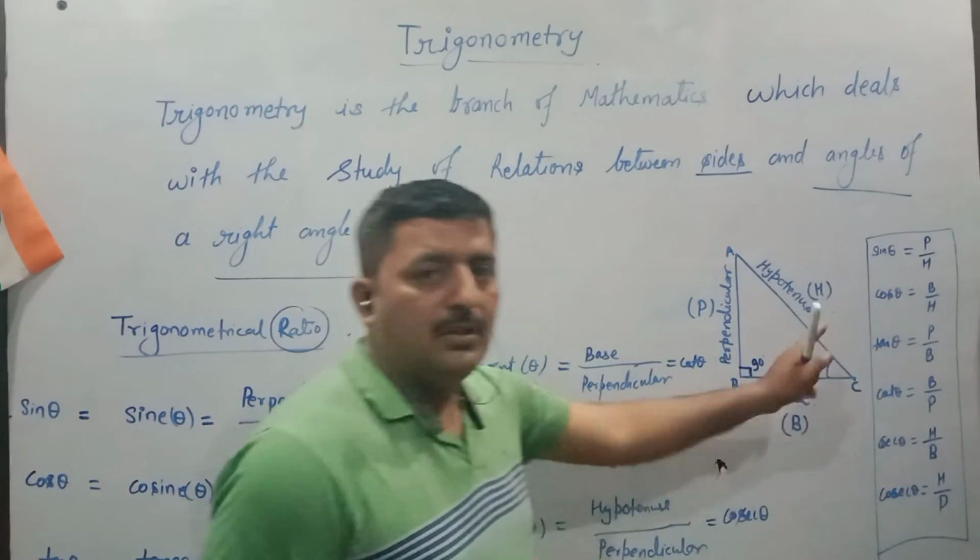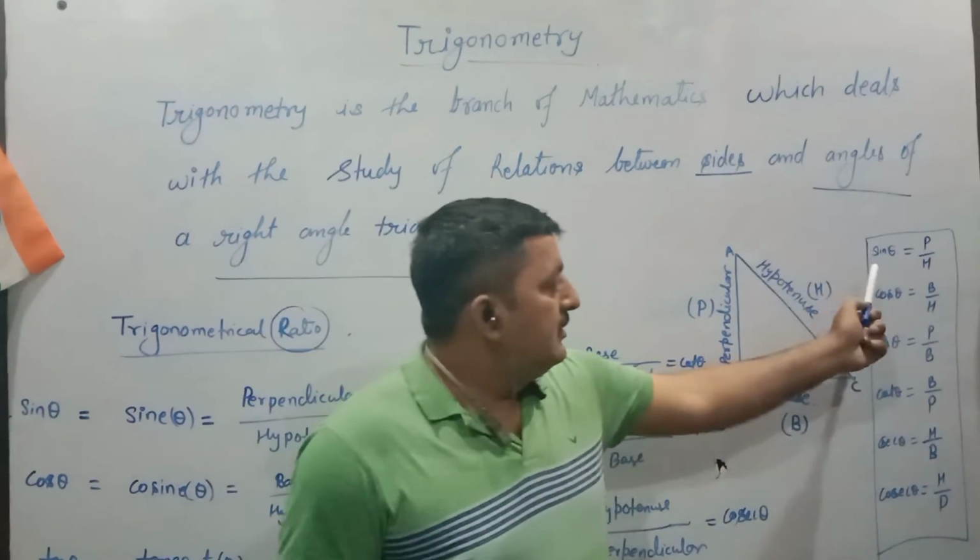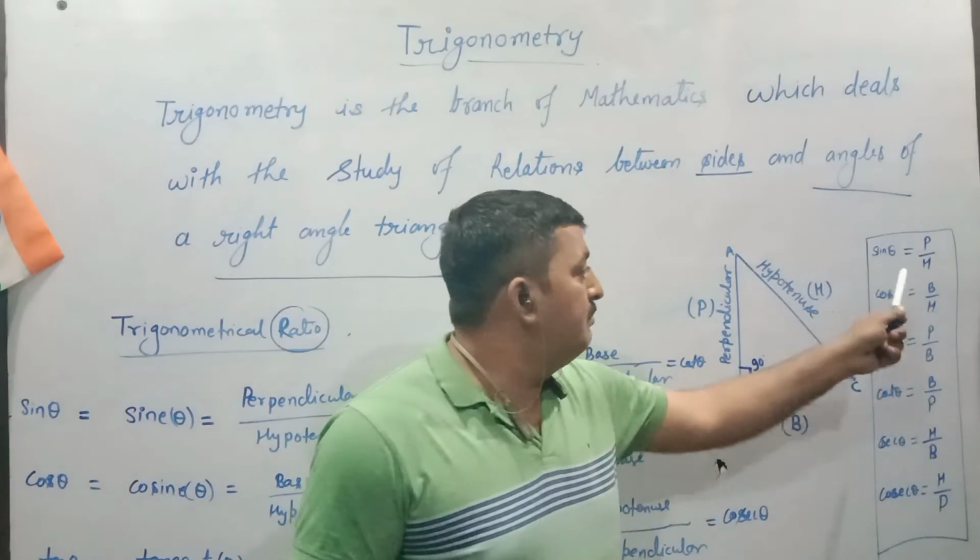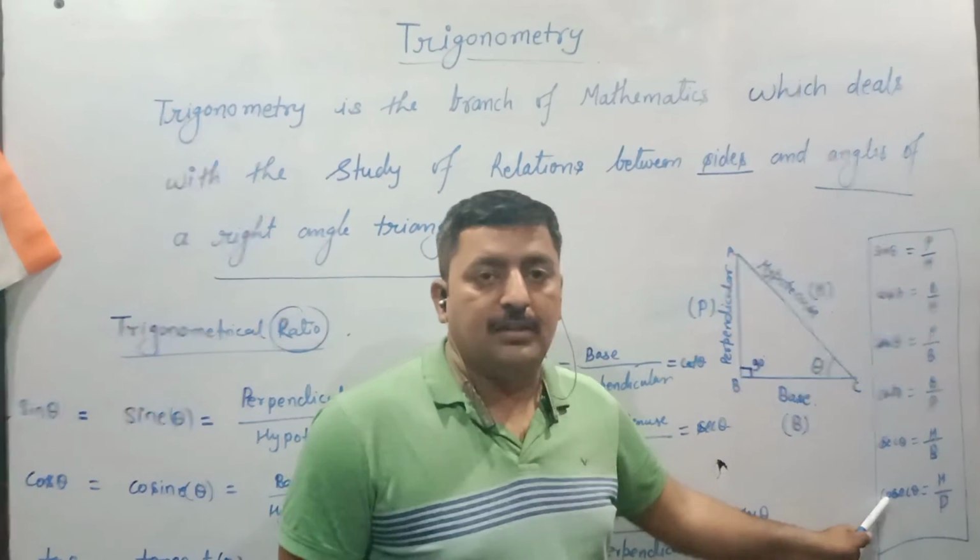From these ratios we can find a relation between sin theta and cosec theta.